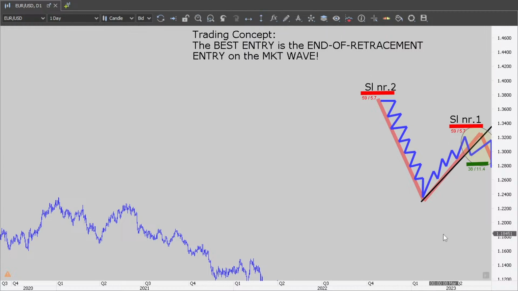This should be a no-brainer on the logic, on the why. So if we understand this and we are entering here, at the end of the retracement, the market is changing the short-term trend. The next question is, which stop loss is the correct stop loss? Should the stop loss number 1 be the correct stop loss, or is the stop loss number 2 the correct stop loss?